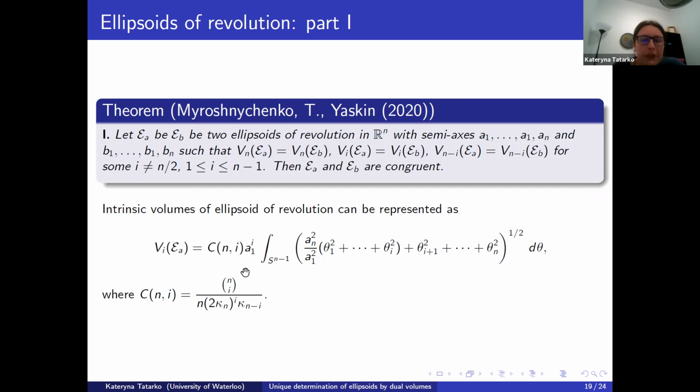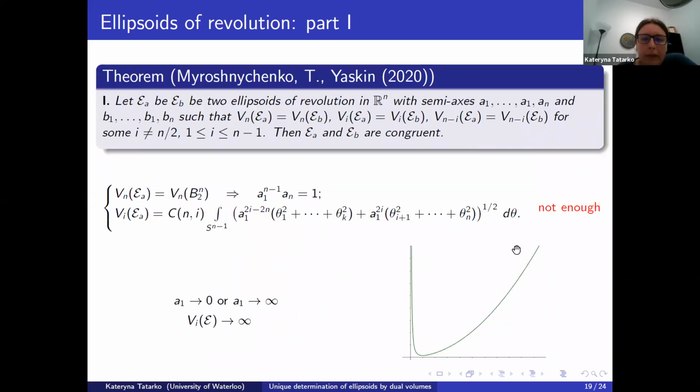But unfortunately, if we are not in the case of ellipsoids of revolution, then the formula for intrinsic volumes becomes more complicated, which makes it more difficult to deal with. But in the case of ellipsoids of revolution, it has a nice form, and we will extensively use it in the proof of the theorems here.